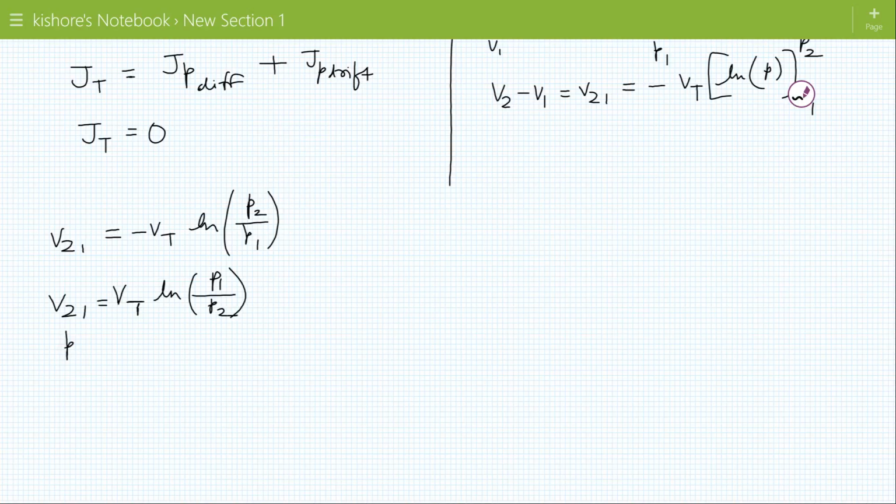So this P1 by P2 is e to the power V21 by Vt, and P1 is P2 e to the power V21 by Vt.